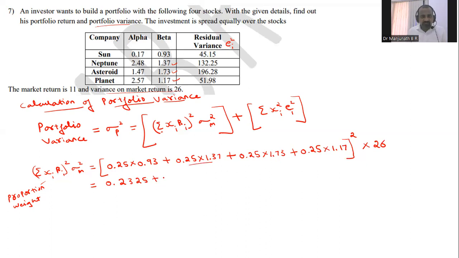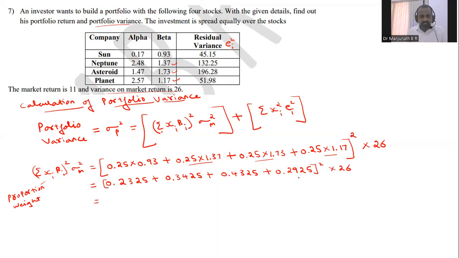If you do the multiplication of that, you should be able to get 0.3425, plus 0.25 into 1.73, we should be able to get 0.4325, plus, and the last thing, 0.25 into 1.17, we should be able to get 0.2945. And now what we will do, we will be applying the square for this, and then multiply with market variance, that is 26.